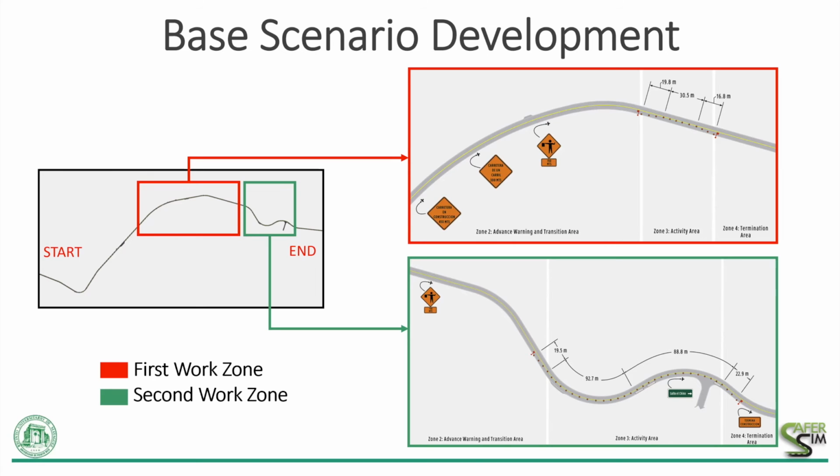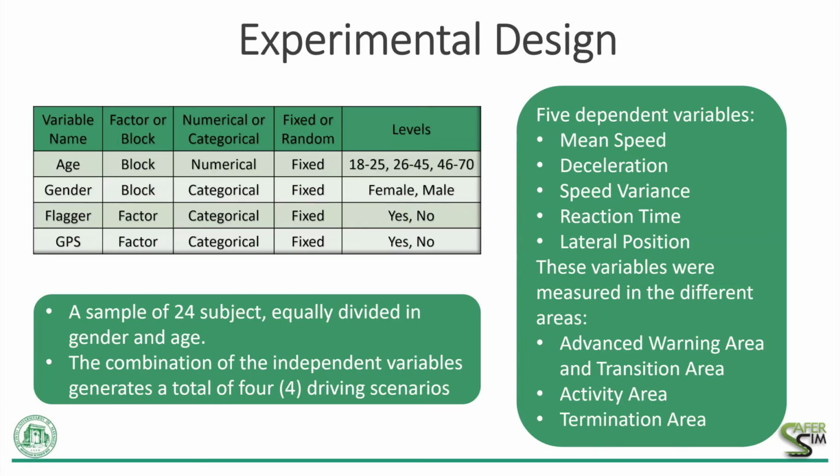We also have another factor, which is the flagger. So as Carla was saying, we have the GPS factor, with GPS instructions or without GPS instructions. And we also have the flagger factor, some scenarios with a flagger and other scenarios without the flagger.